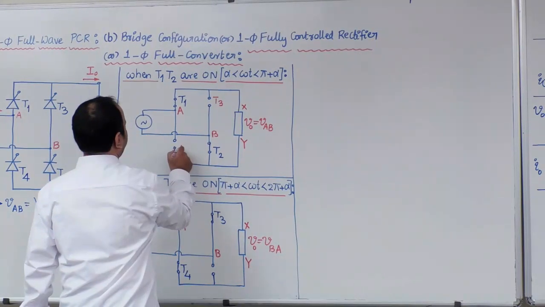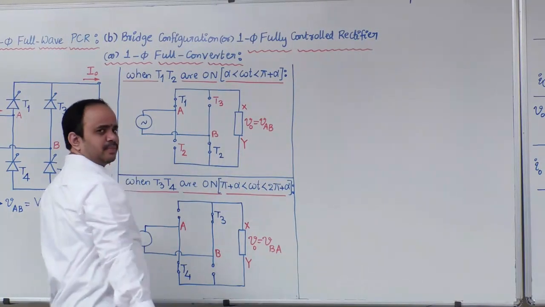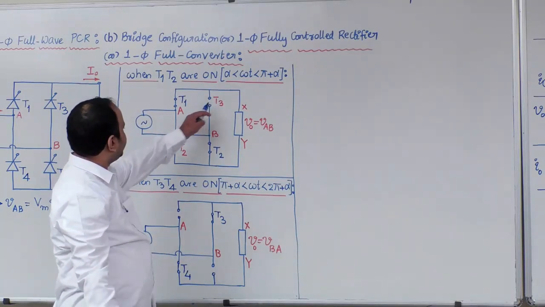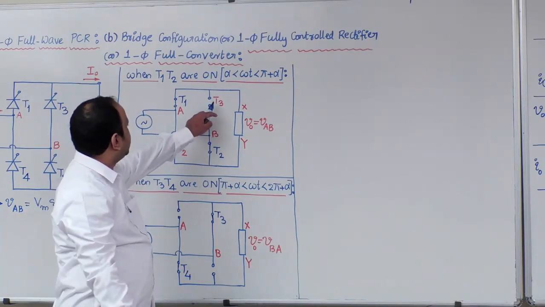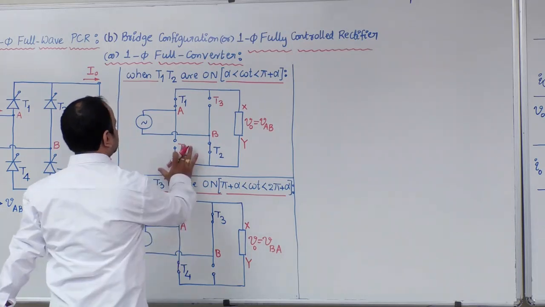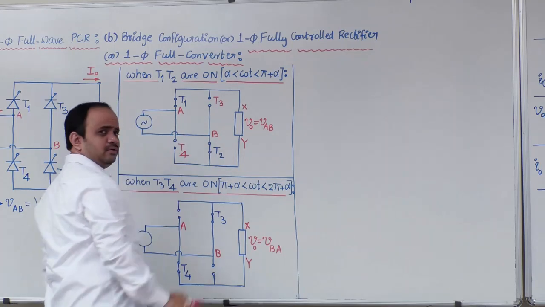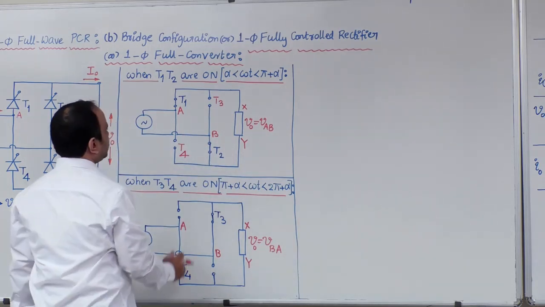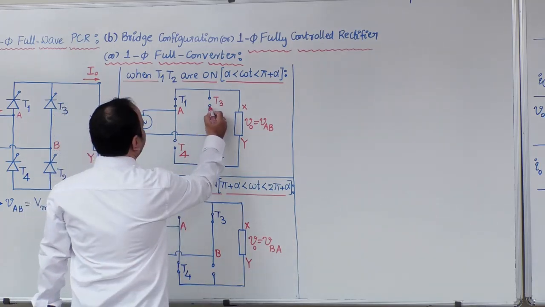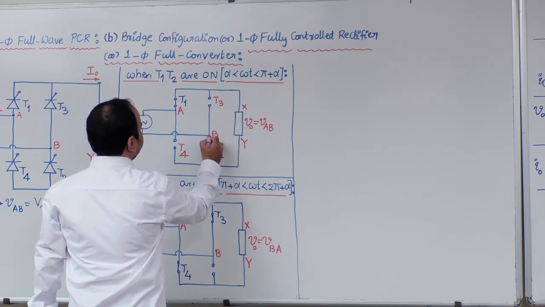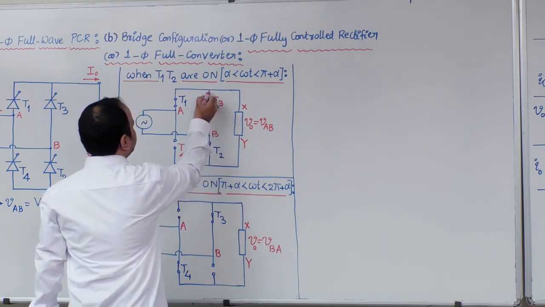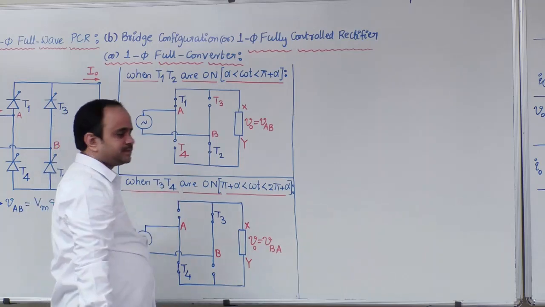When the T1 T2 pair is in conduction, I am looking into the T3 T4 voltage. Now follow carefully. Anode of T3 is connected to B. Cathode of T3 is connected to A, right?